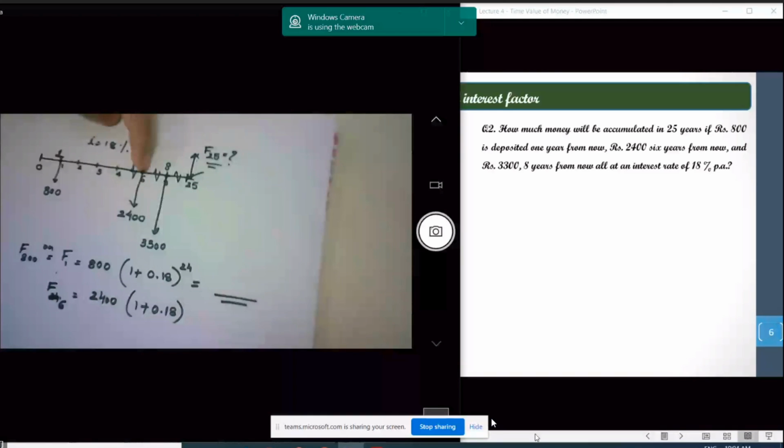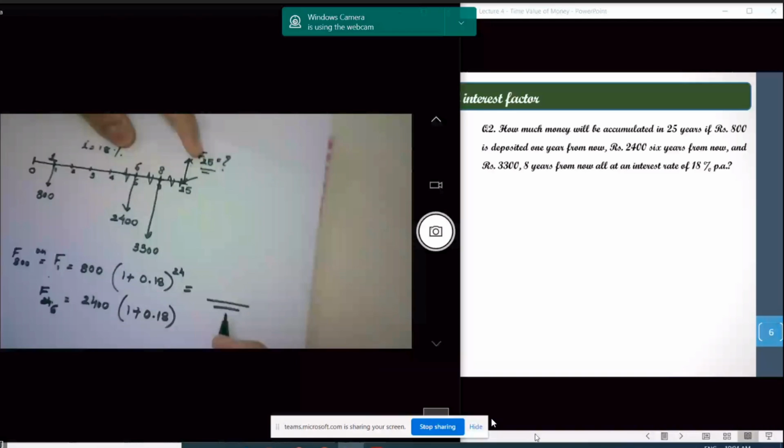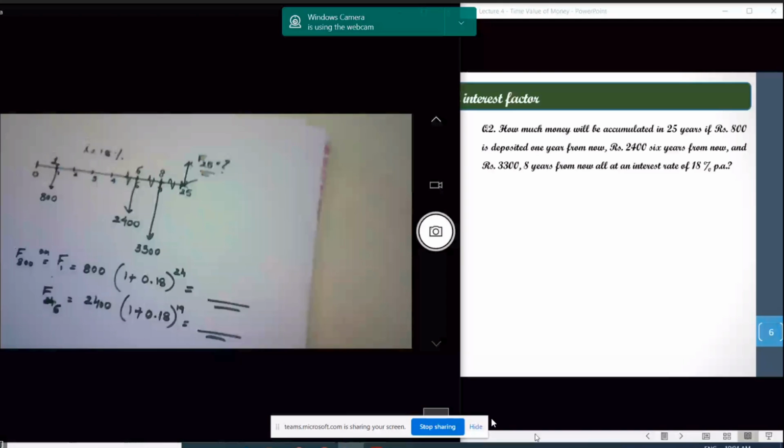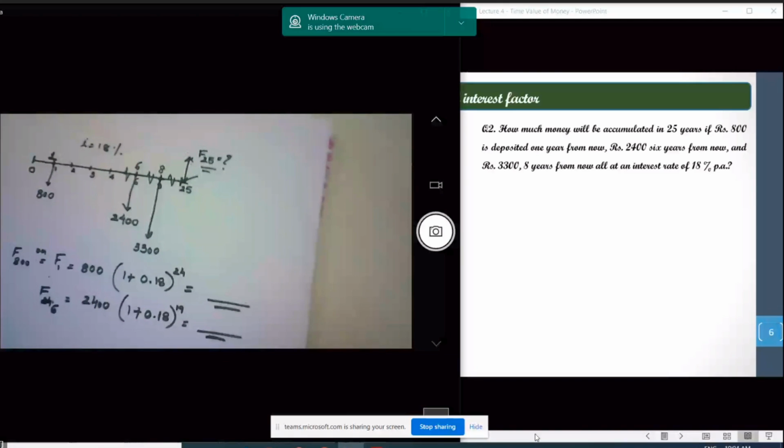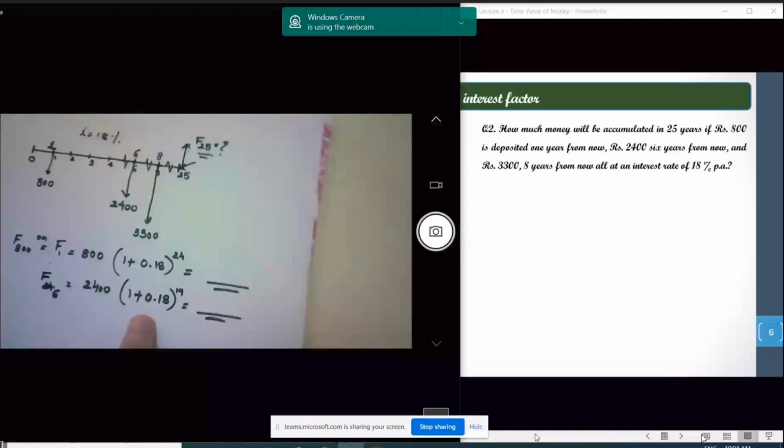Now how many steps do you have to go to reach 25? You are at 6, so 19 steps. So 2400 into 1.18 to the power 19. You will get some value here.